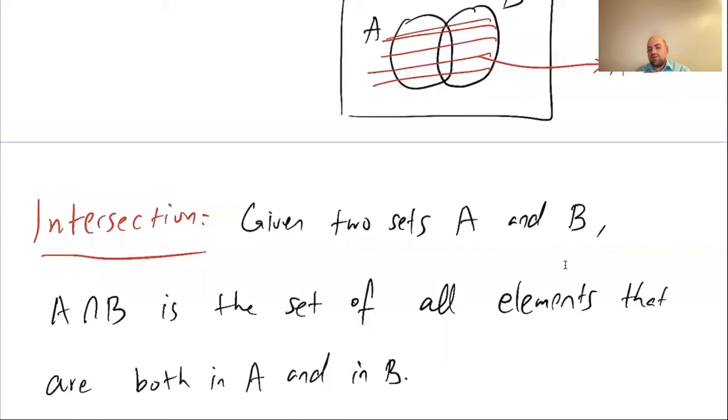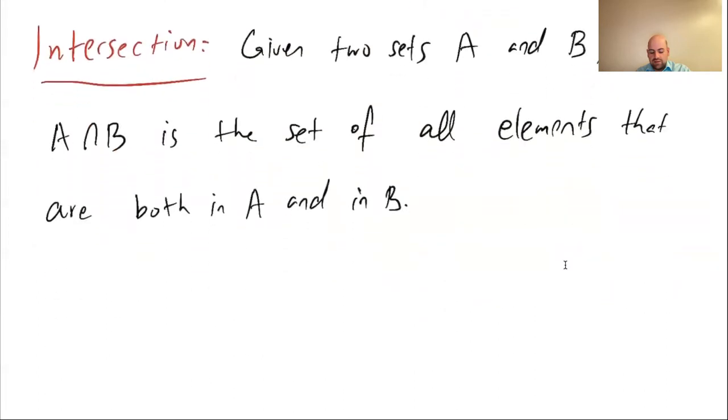The set of common elements in A and B is called A intersection B and is denoted with this notation, A intersection B.